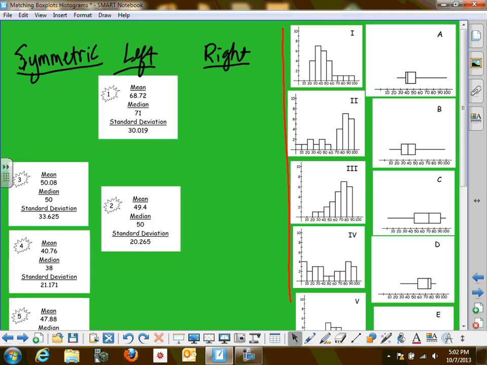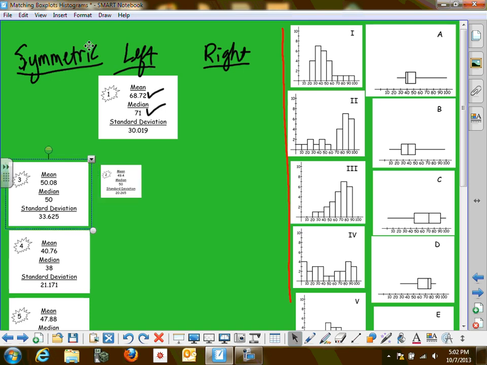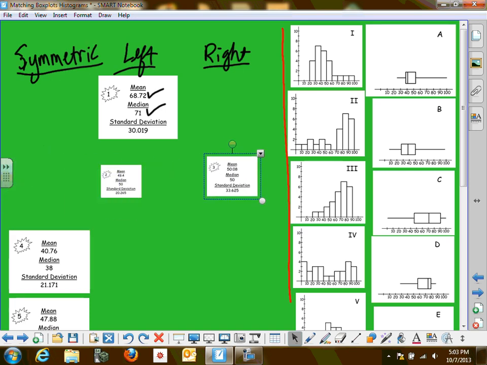Now here, the mean is lower than the median, so I'm going to put that in my skewed left section. So I think I'll just hold off on that one. This one also is not very much different, so it may go here. Those ones that are not very different, I might consider putting into the symmetric category.